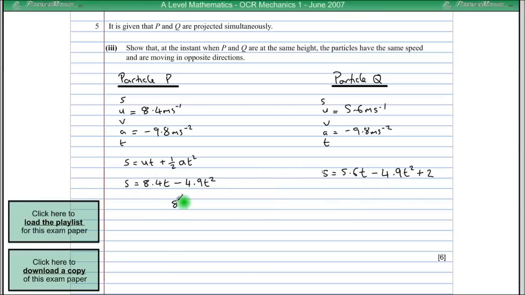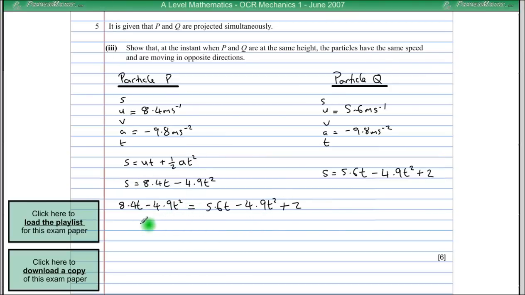So 8.4t minus 4.9t squared equals 5.6t minus 4.9t squared plus 2. Now straight away with this we can say, well, we've got minus 4.9t squared on both sides.